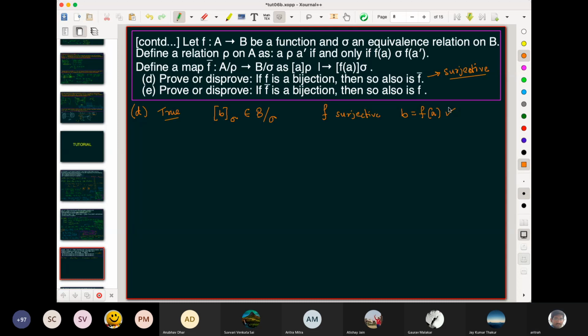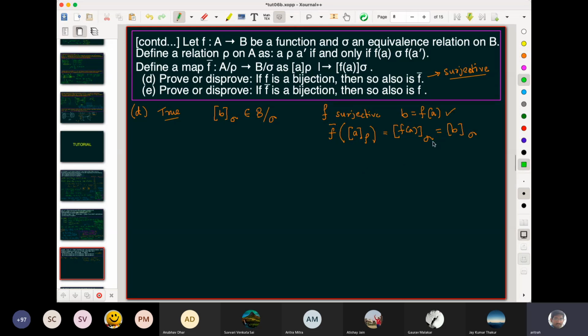Okay. Now try to look at what this means. This is nothing but F of A sigma. Since B is equal to FA, this is B sigma, right?